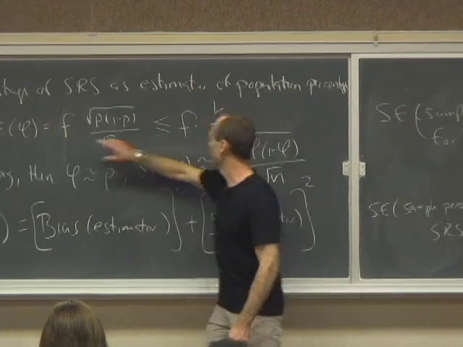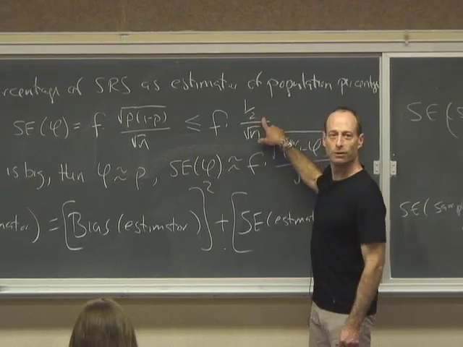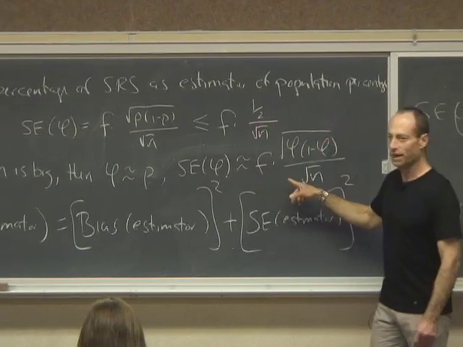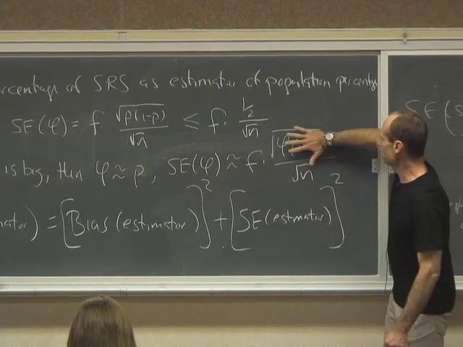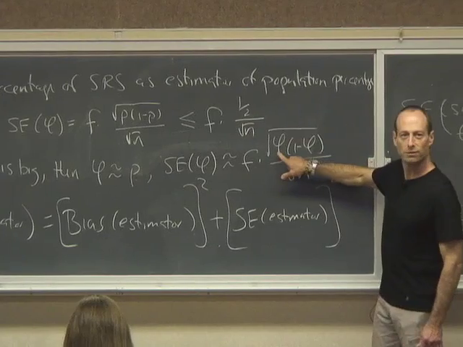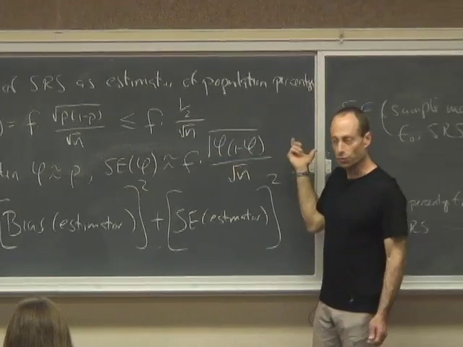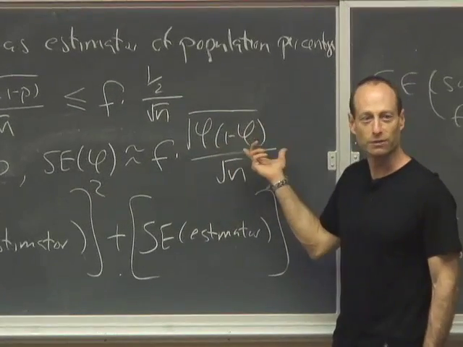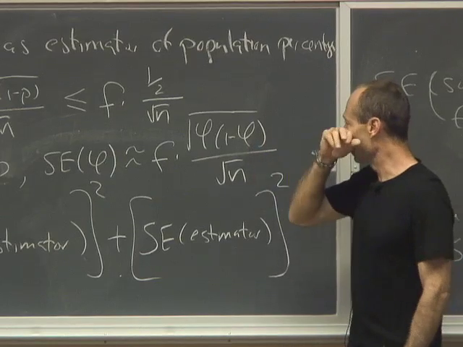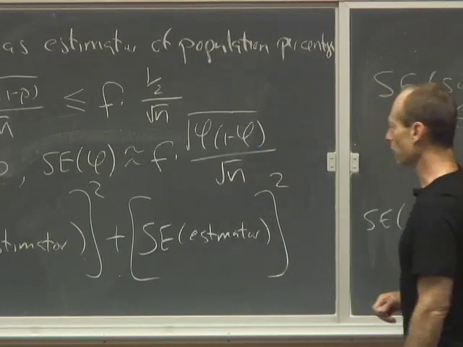What we needed for that was to get this upper bound. But this approximation isn't relying on that; this is the SD of the sample, right? The SD of a list of zeros and ones is the square root of the fraction of zeros times the fraction of ones. Yep. Okay, so, sorry, I didn't quite close the loop here.